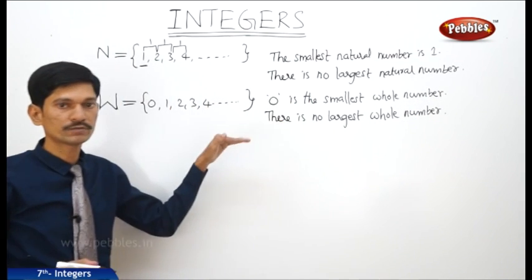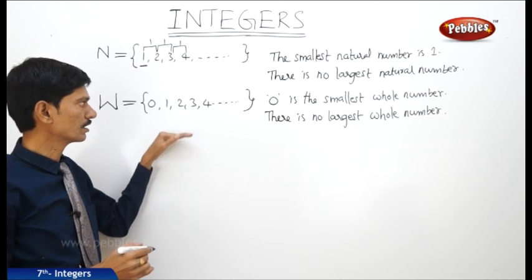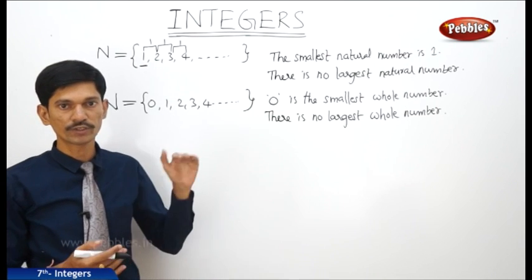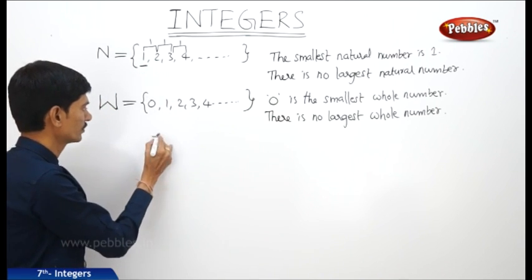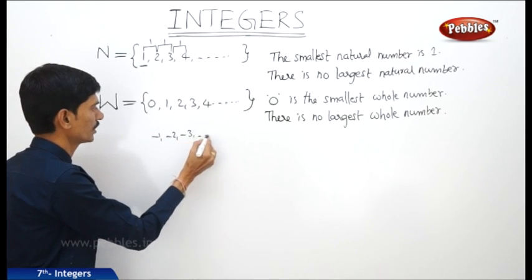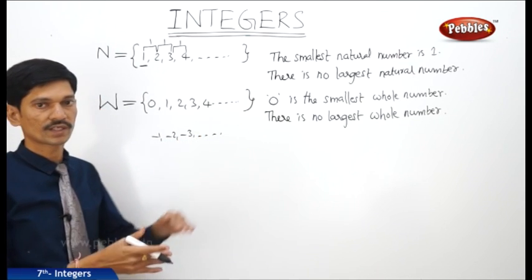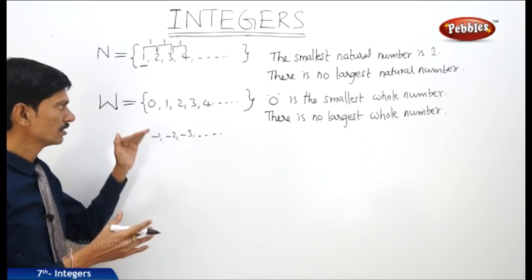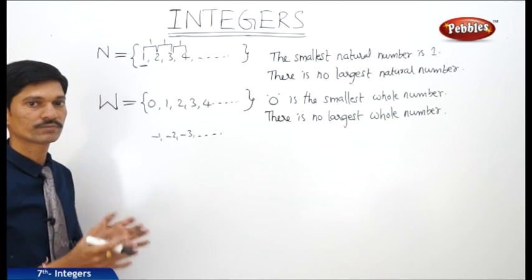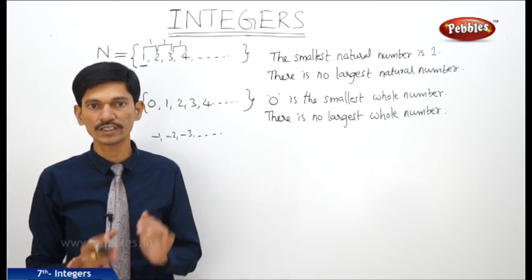Now if negative numbers like -1, -2, -3 and so on are also included in the set of whole numbers, then we get a bigger collection of numbers called integers.